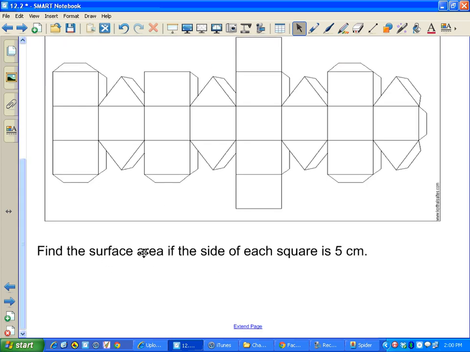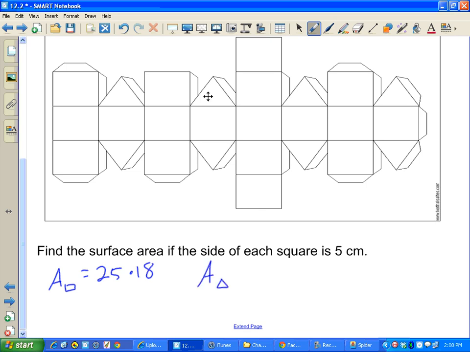So if we want to find the surface area, if the side of each square is 5 centimeters, well, that means the area of each square equals 25, and I've got 18 squares. So I'm going to times that by 18.